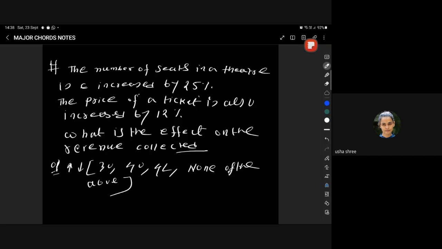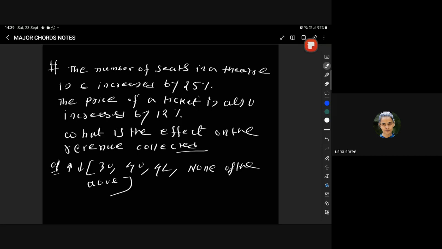Previously, if you are collecting suppose 100 rupees, now after increasing the seat numbers and ticket price, what is the net revenue? Obviously, there is an increase, but they didn't give anything related to the cost of the seats or anything like that. You have to assume.